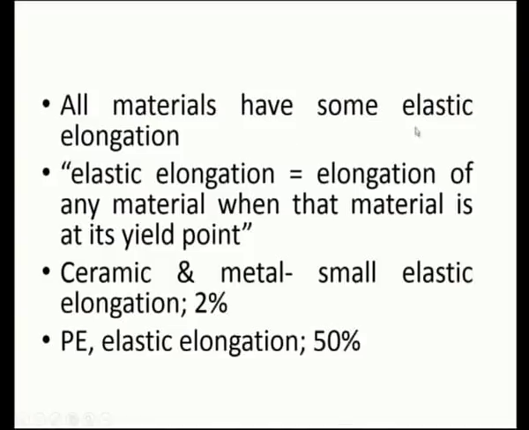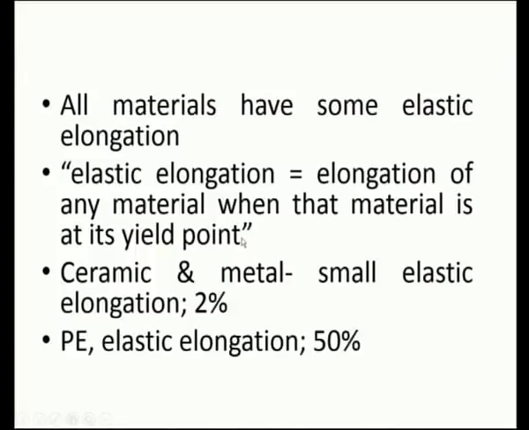All materials have some elastic elongation. Every metal has some kind of elongation. Elastic elongation is equal to the elongation of any material when that material is at its yield point.